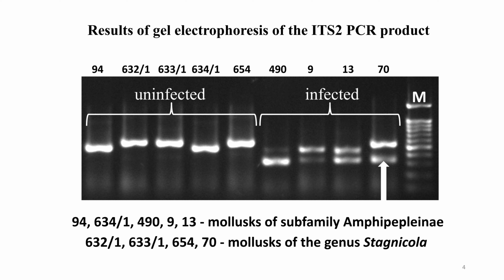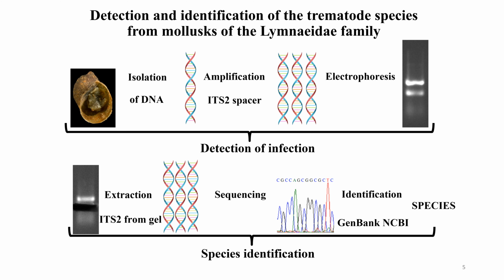the mollusk. To determine the trematode species, the following steps were taken. The sequence of the ITS2 spacer belonging to the parasite was extracted from the gel. This region was excised from the gel and the PCR product was isolated.